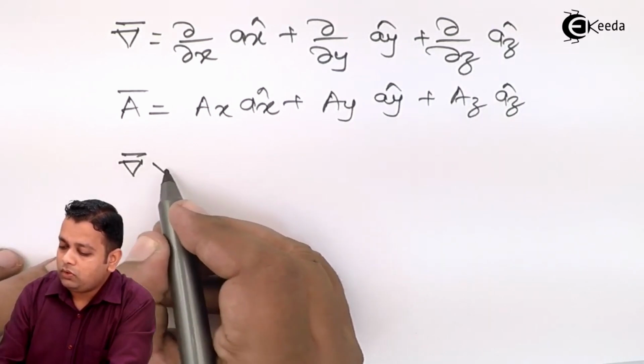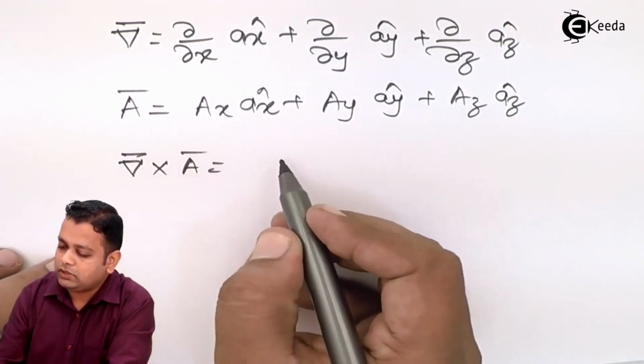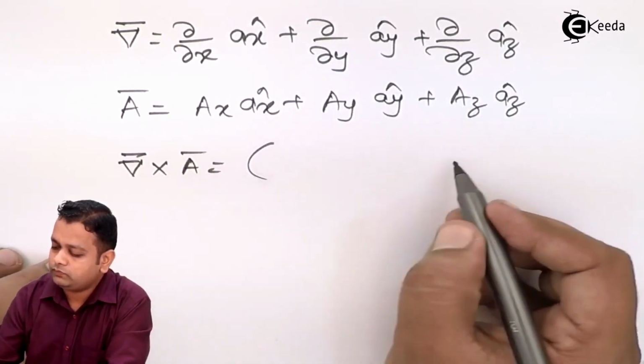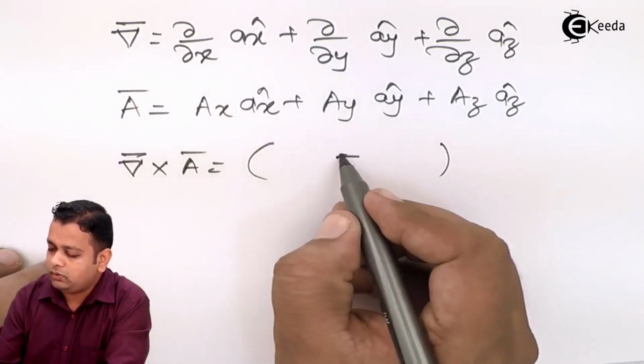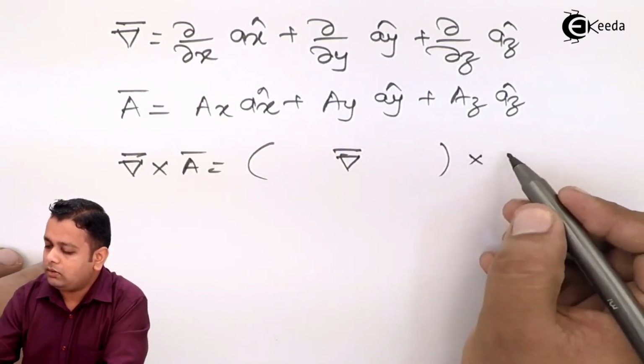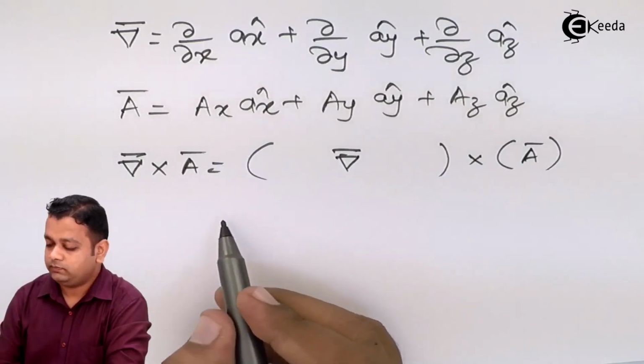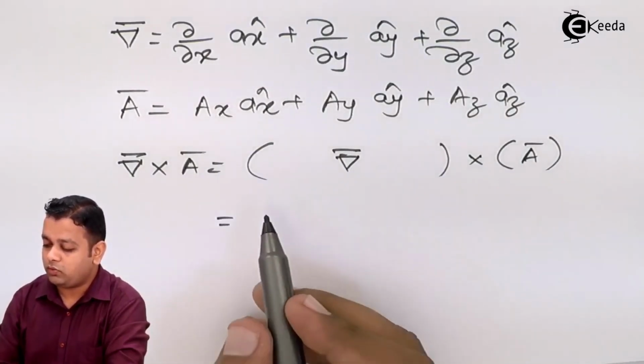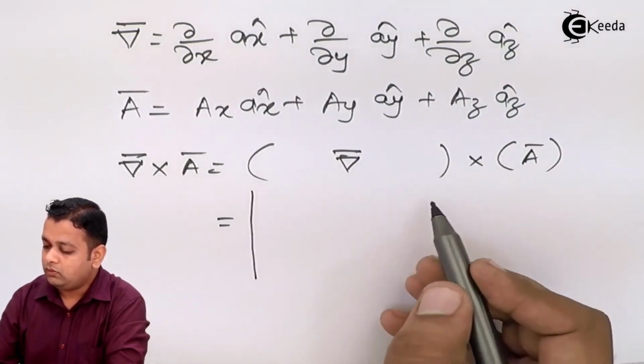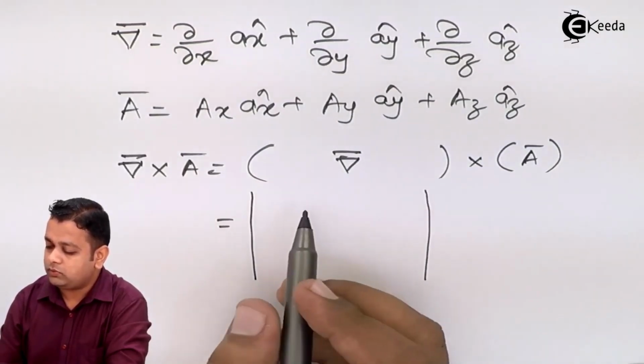Now if we take the cross multiplication of these brackets, the cross product of del and this vector, we simplify with the help of this form.